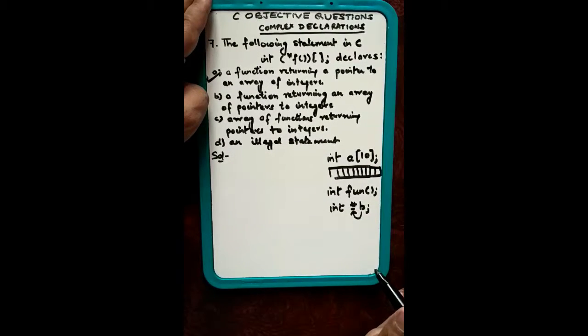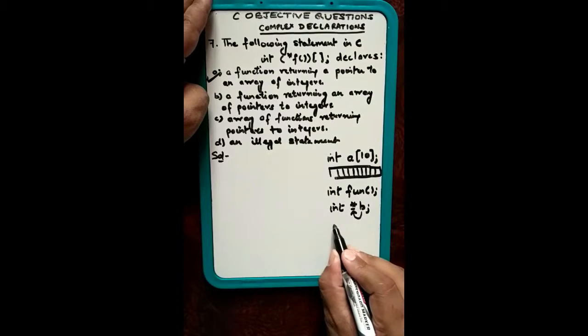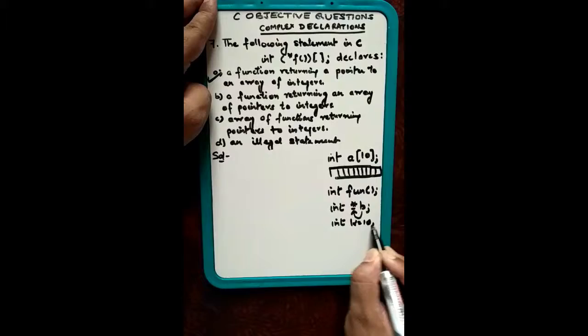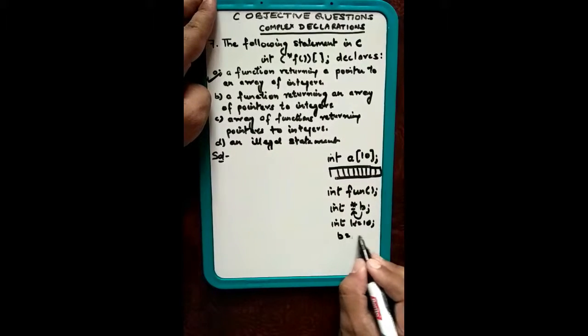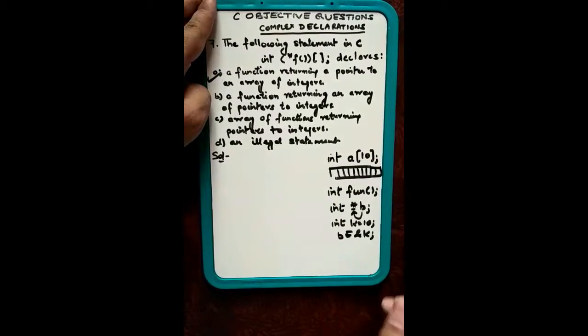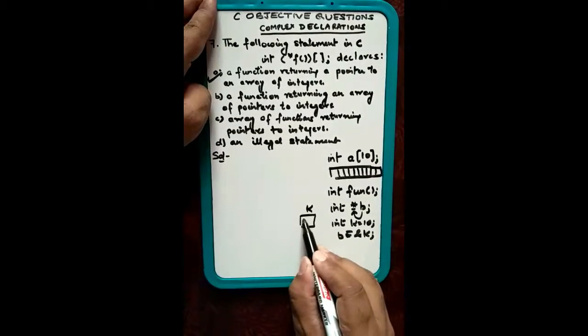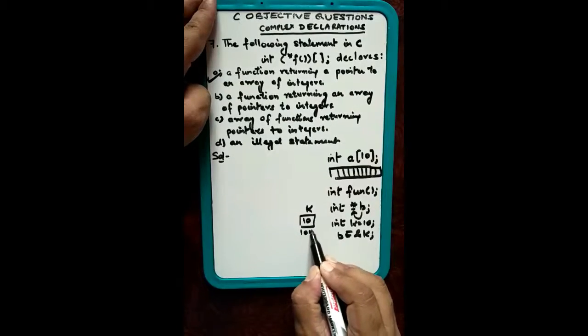For example, I have declared a simple variable int k is equal to 10, and we write b is equal to ampersand of k. That is, b is a pointer type variable storing the address of k. k is a simple variable whose value is 10 and its address is 1000.